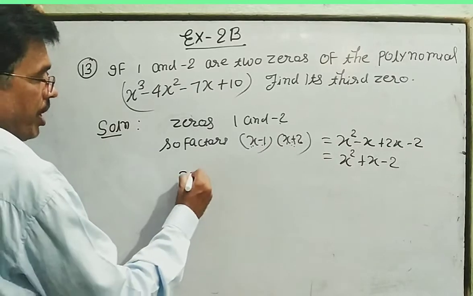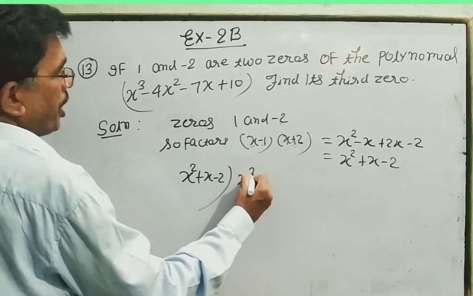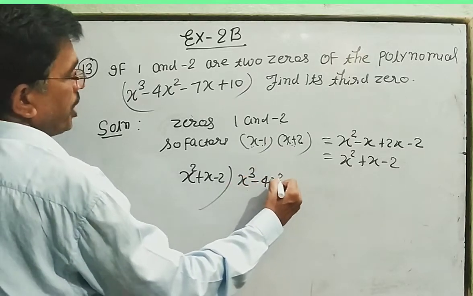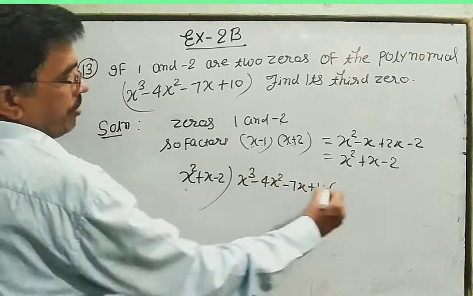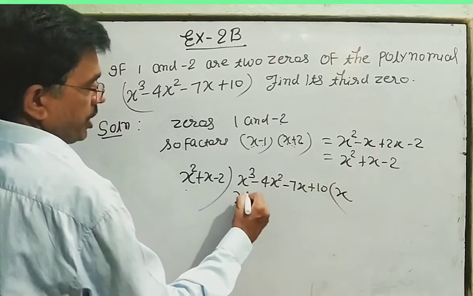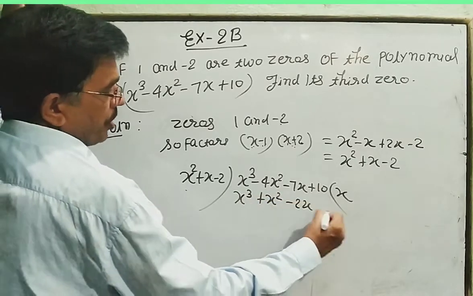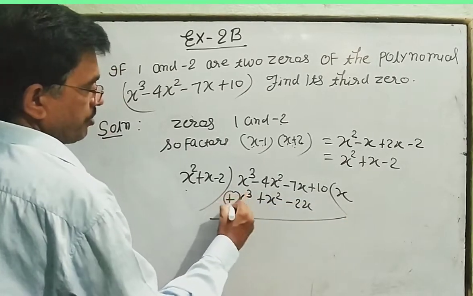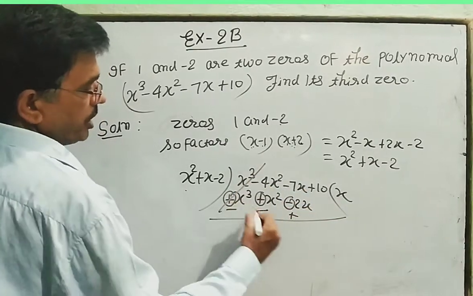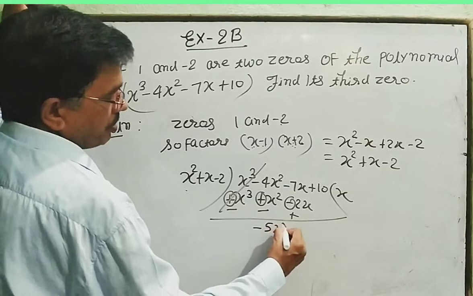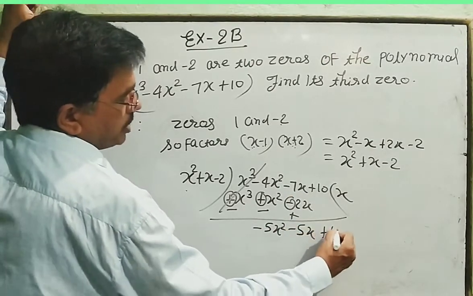So now we divide x cube minus 4x square minus 7x plus 10 by x square plus x minus 2. Divide by first x, then x cube plus x square minus 2x. Here the signs are positive, negative, positive, negative, negative, and positive. Cancel. It is minus 5x square and minus 5x plus 10.